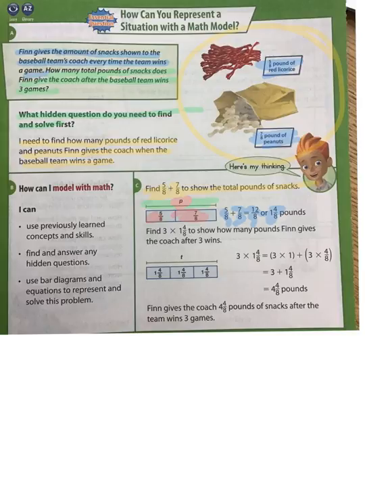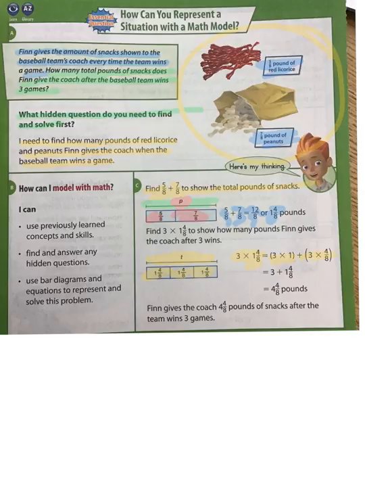For the second step of the problem, since the question asks that we find after they win 3 games how many snacks, we need to take T, which is our total amount, and multiply 3 times 1 4/8, or we can add 1 4/8 3 times. So if we multiply that, here it has broken it apart into 3 times 1 and 3 times 4/8.